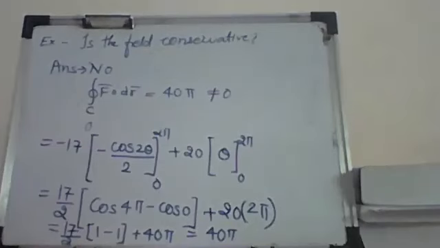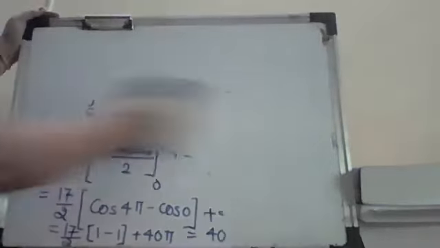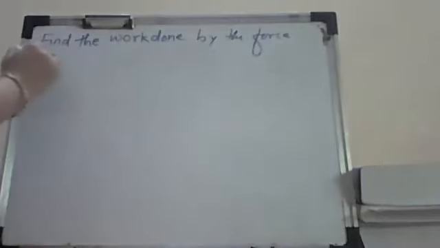Now we'll go ahead and take the next question. This is also a very important one, as it requires a different technique to solve. Find the work done by the force F bar, and I think everyone is writing with me so that it is easy to understand.